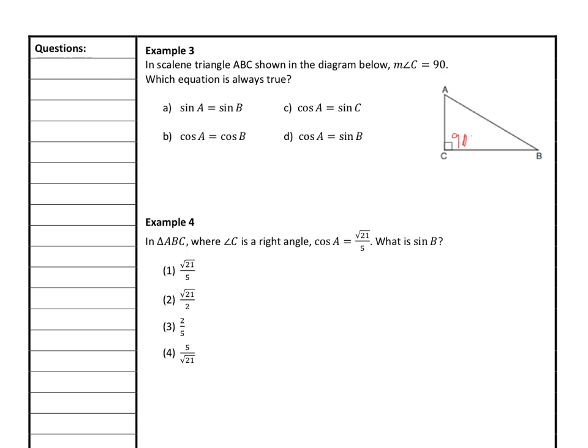Okay, so that means that if I have A plus B plus 90, meaning C, should be equal to 180, I take away the 90 and I am left with A plus B equals 90, right? Three angles in a triangle, A, B, and the value of C are equal to 180. Take away that 90 and we're left with 90 again. So A plus B is equal to 90. These two angles are complementary.